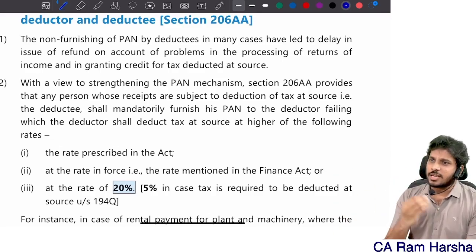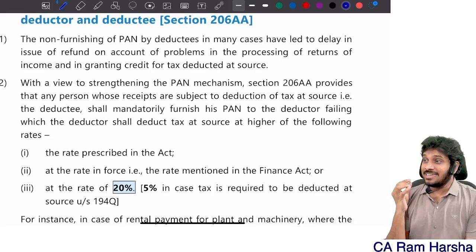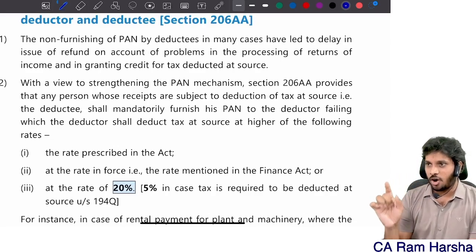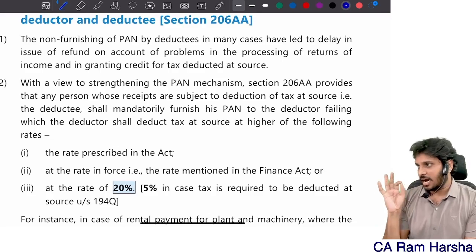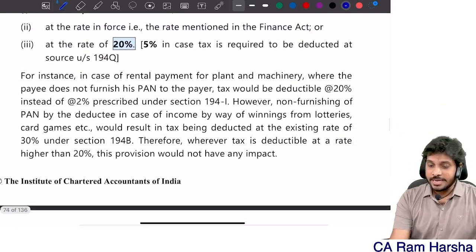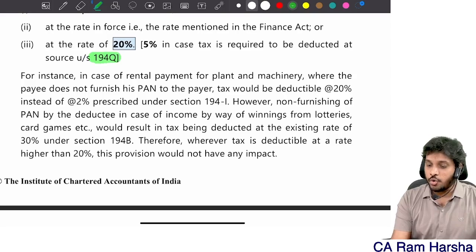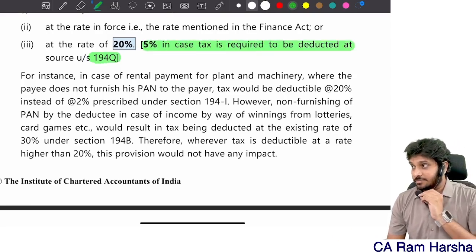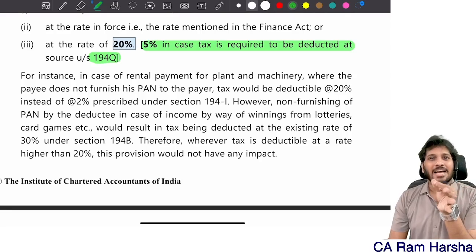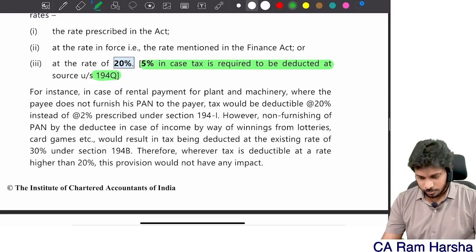What will I do? I will deduct TDS at the rate mentioned in the Finance Act or section, or 20%, whichever is higher. That's it. However, if it is 194Q related, what is the rate of TDS? Maximum 5%. Purchase of goods. Maximum 5%.